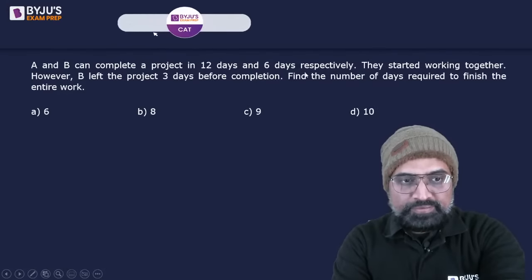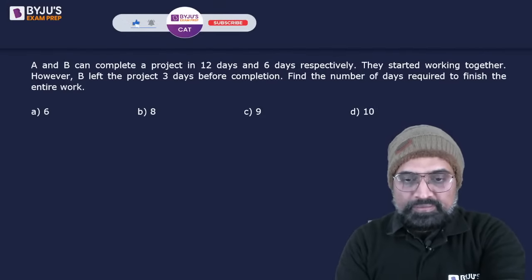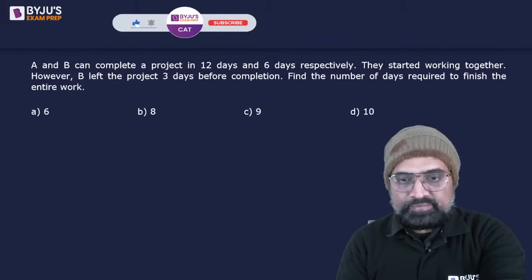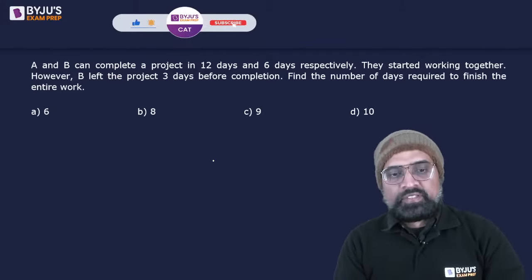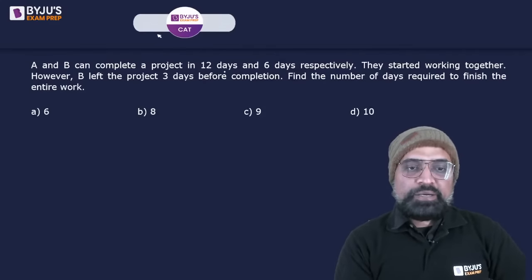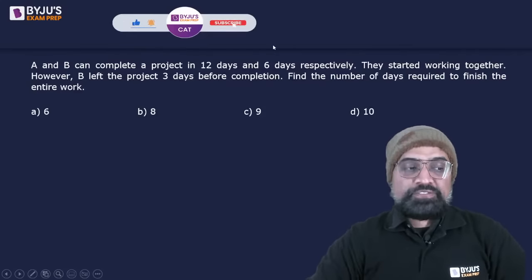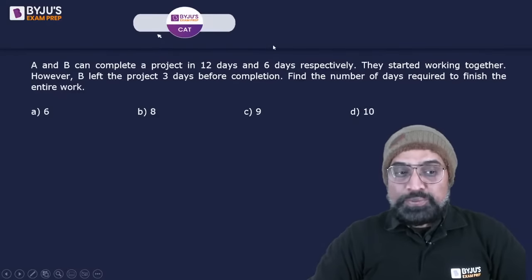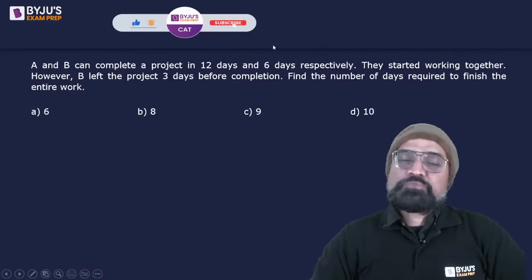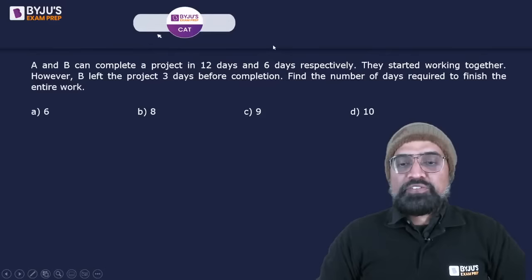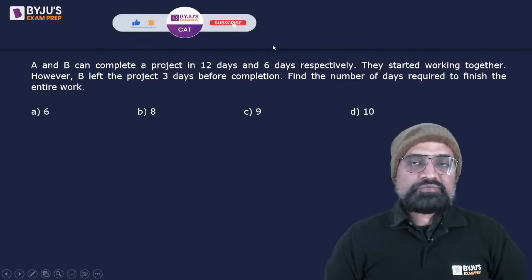Not A, Abhishek. Okay, time and work. A and B can complete a project in 12 days and 6 days respectively. They started working together. However, B left the project 3 days before completion. Find the number of days required to finish the entire work.